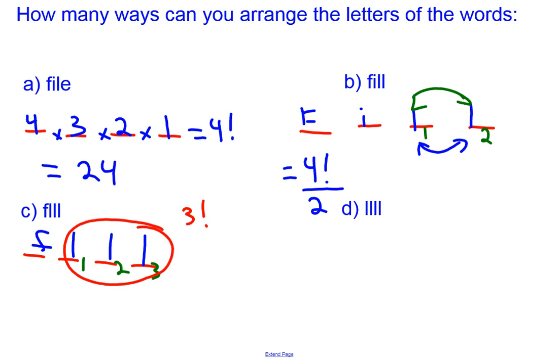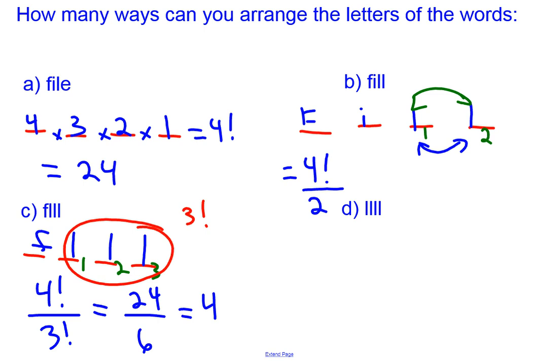So if we want to figure out the number of arrangements of the letters F, L, L, and L, there are 4 factorial ways to arrange 4 letters, but we need to divide out all of the arrangements where we can swap the L's and still get the same word. There are 3 factorial ways to do this. 4 factorial is 24, 3 factorial is 3 times 2 times 1, which is 6. So there are only 4 possible arrangements of the letters F, L, L, and L, and you can probably find those 4 arrangements.